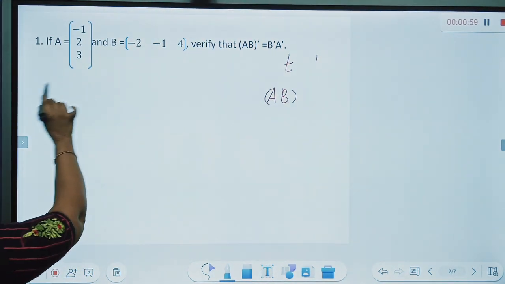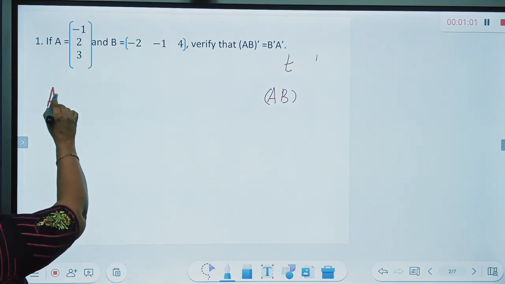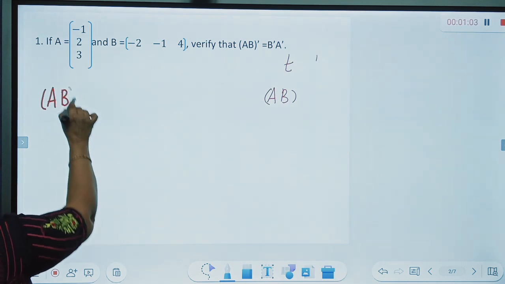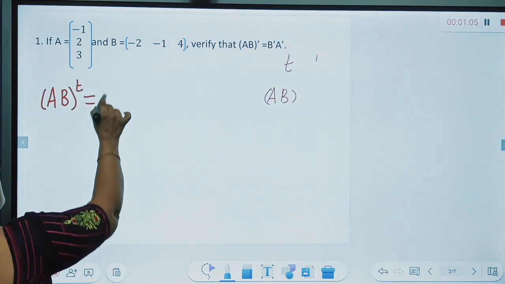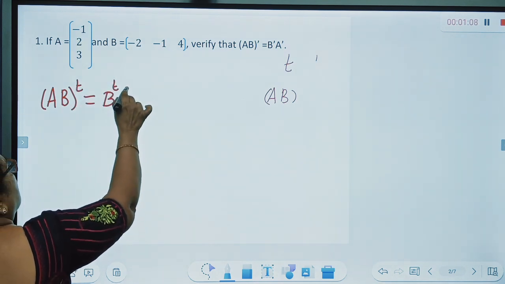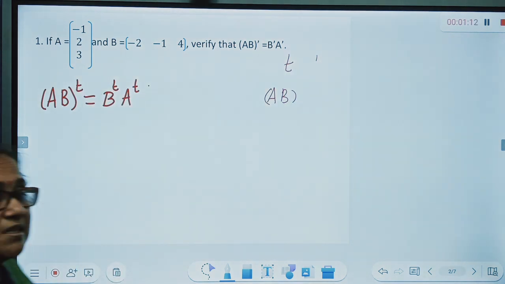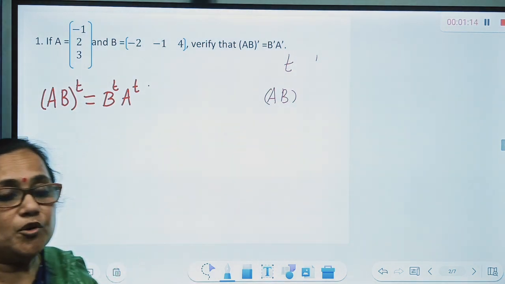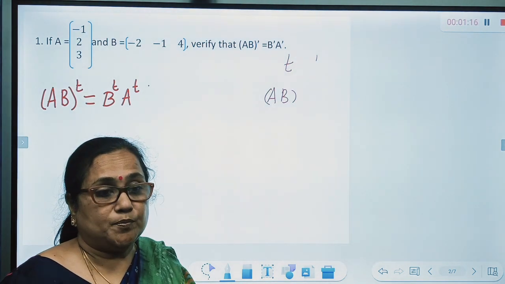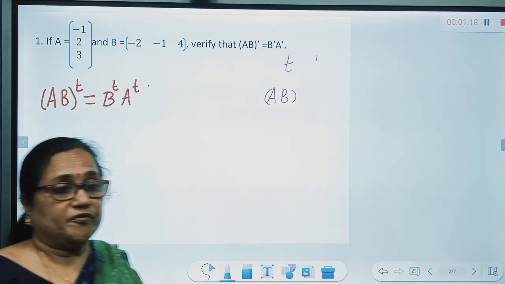So here you are given two matrices. You are going to verify whether (AB) transpose is B transpose A transpose. As far as matrices are concerned, for many of the properties, giving proofs is beyond the scope of the curriculum.